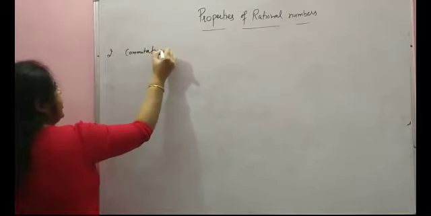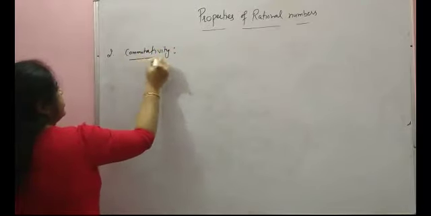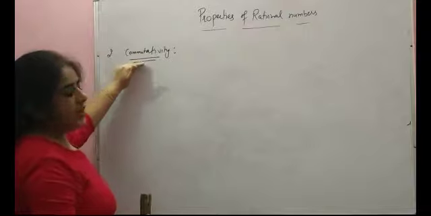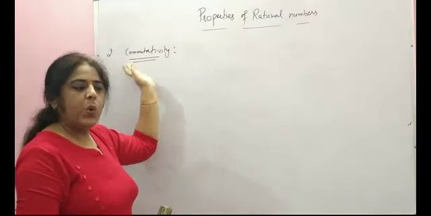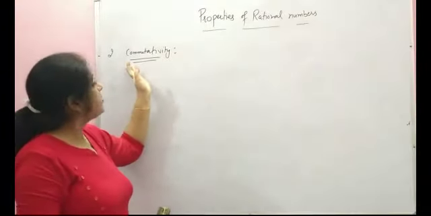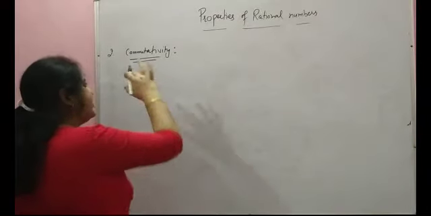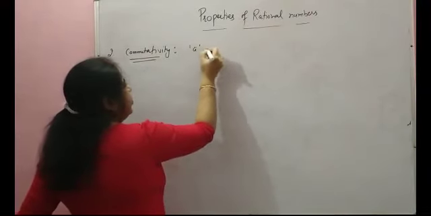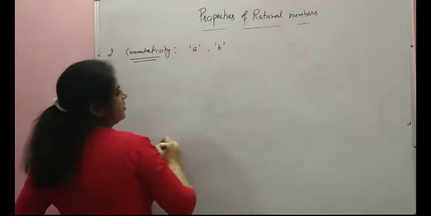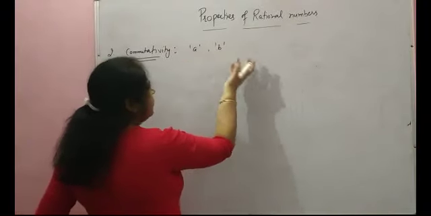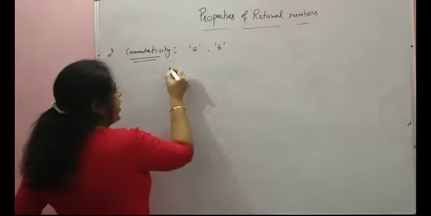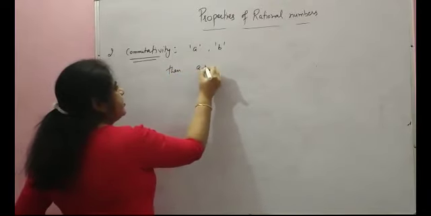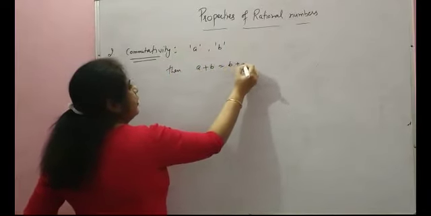You have discussed this property for integers and whole numbers also in your previous classes. So what is commutativity? If we have any two rational numbers A and B, then A plus B is always equal to B plus A.